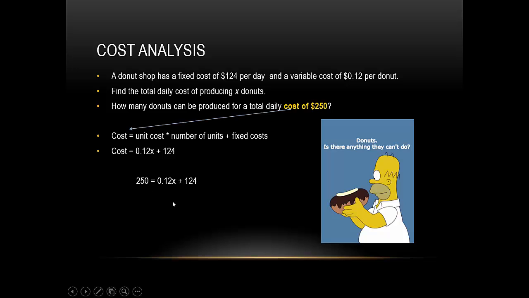And now I have an algebra problem. I want to solve this for X because this will tell me how many donuts, because the number of donuts is X. So I subtracted 124 from both sides, and then I divided both sides by 0.12, and I get my 1,050 donuts.